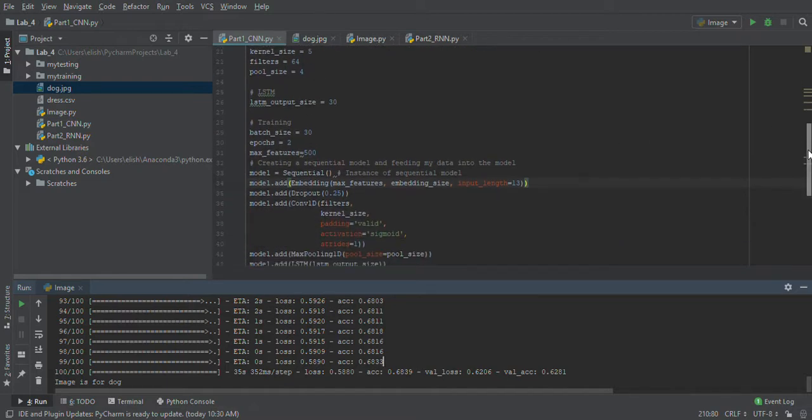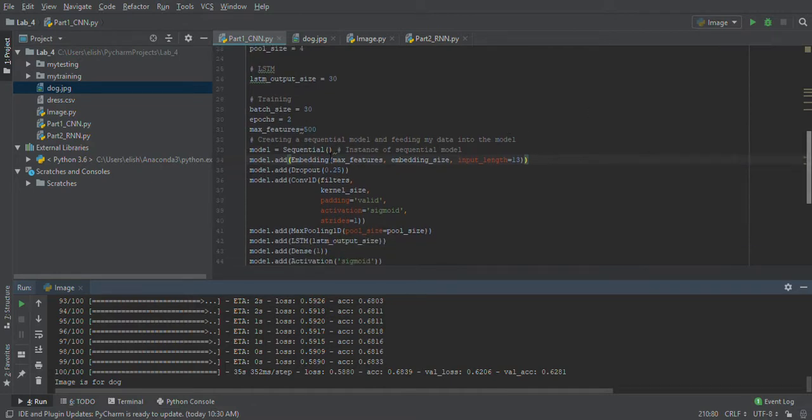And then here I created an instance of a sequential model. Created a dropout of 25% of my data, and here I created a one-dimensional convolutional model. I use it because the data type is in the form of one dimension.